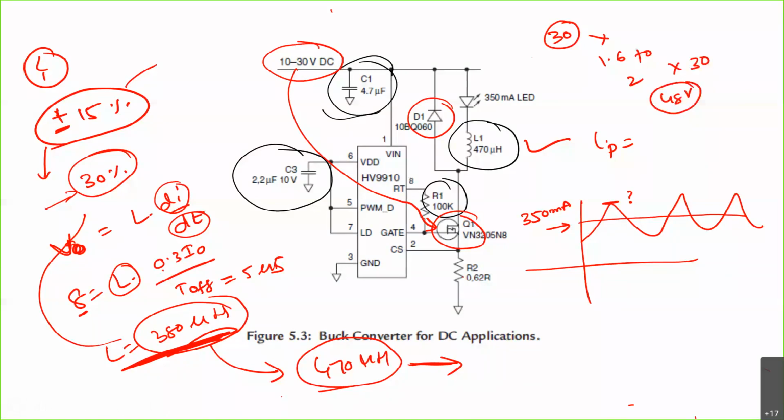If you consider a factor of 2, then you will get 60 volts. So for that you need to select a 100 volt device. Clear? That is how we select the MOSFET voltage rating.